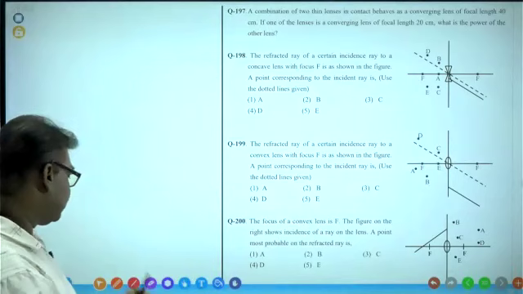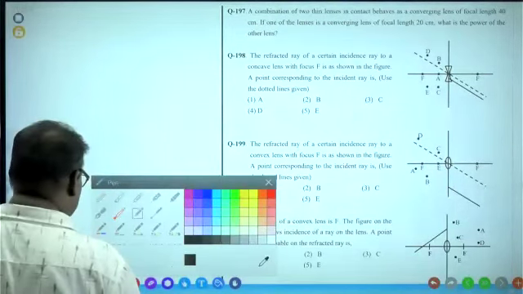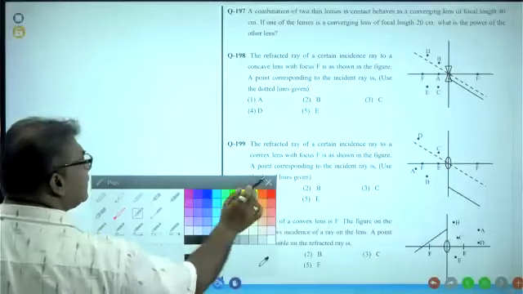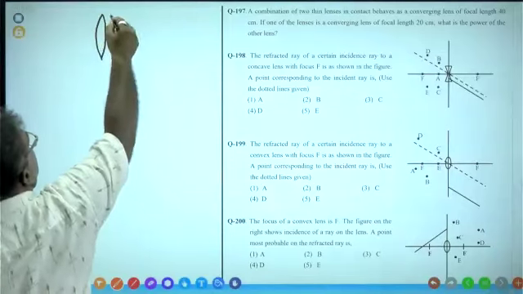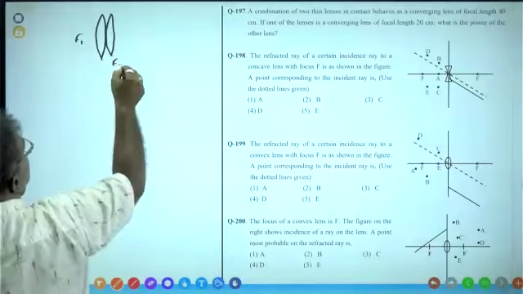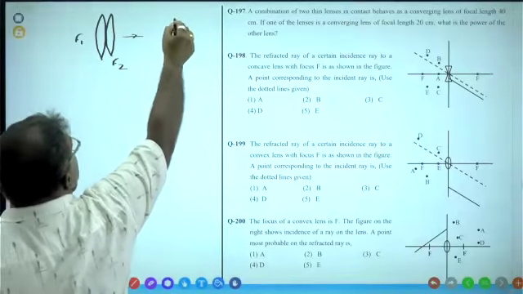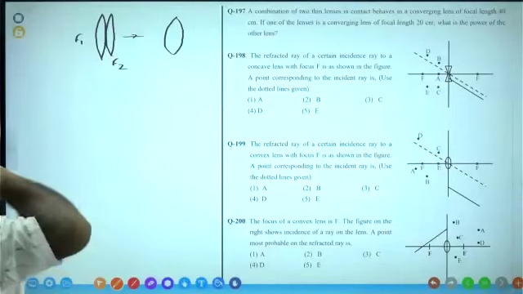Now, combination of two lenses. When we have two convex lenses of focal length f1 and f2, the resultant lens should be a convex lens, right?